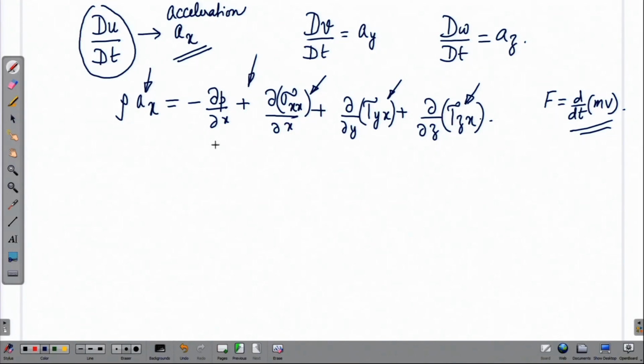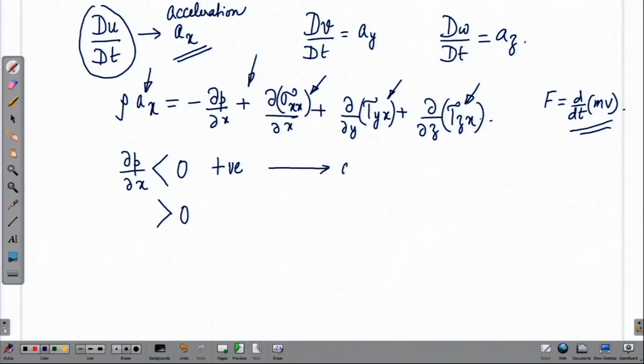Now, if you look at the forces on the right hand side, del p del x is the pressure gradient along the x direction. What happens if it is less than 0 or if it is greater than 0? A less than 0 del p del x will create a positive term here on the right hand side. That means a force which will accelerate the fluid element.